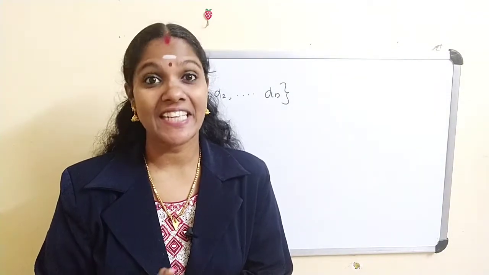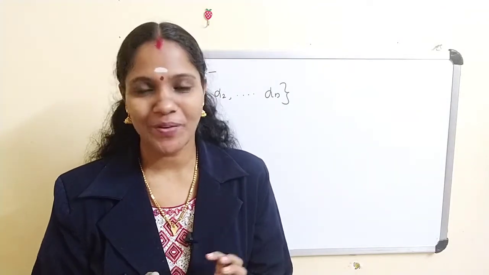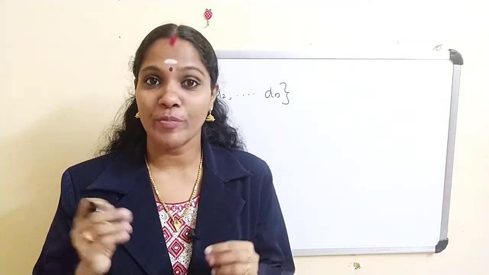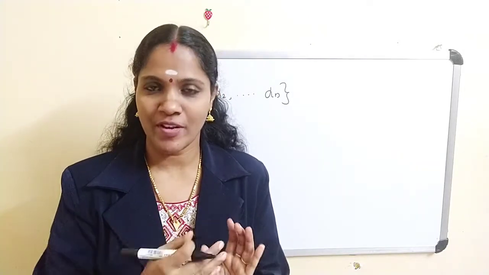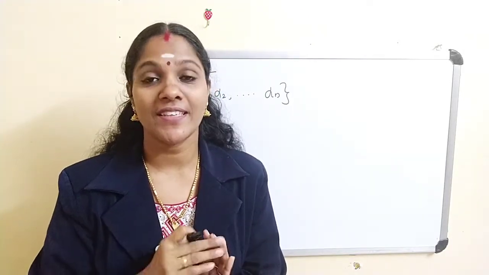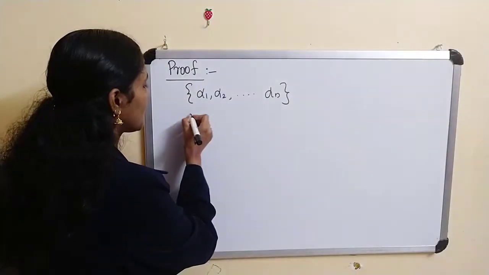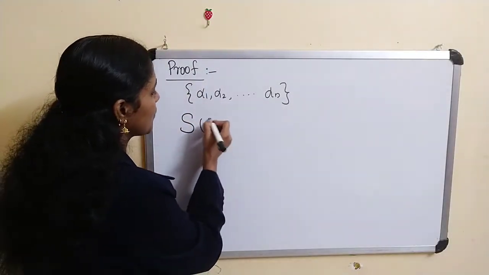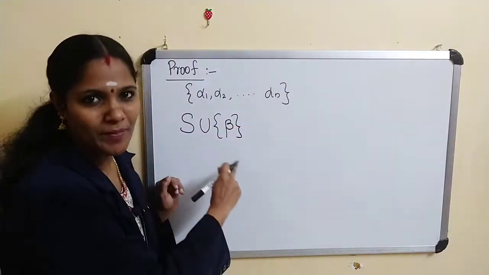Given S is a linearly independent set of vectors in V, we have to prove that if we adjoin beta to S, then that set is linearly independent. That means we have to prove that S union beta is linearly independent.